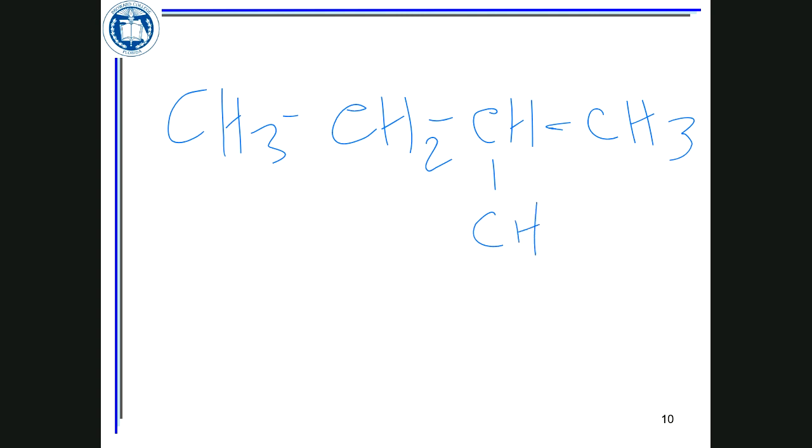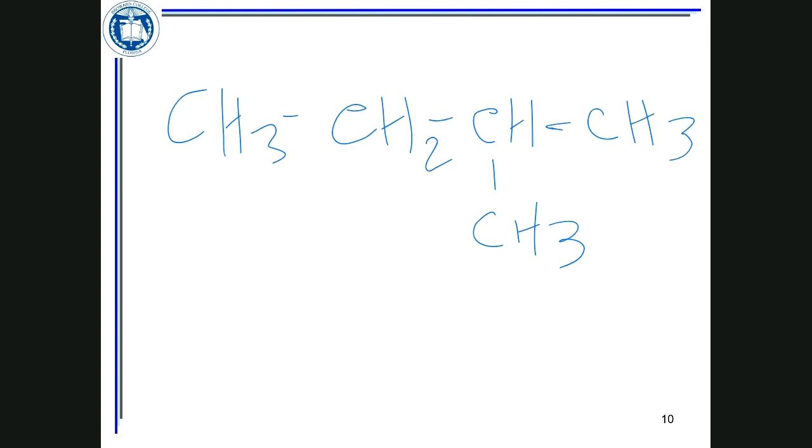Next example, we have CH3, CH2, CH3, and we have a CH3 here. Now, how many carbons do you have in the longest carbon chain? 4, very good. Should I start numbering from the left side or right side?